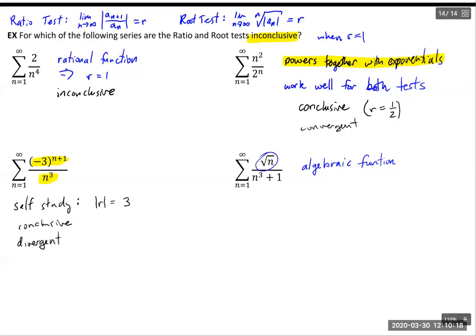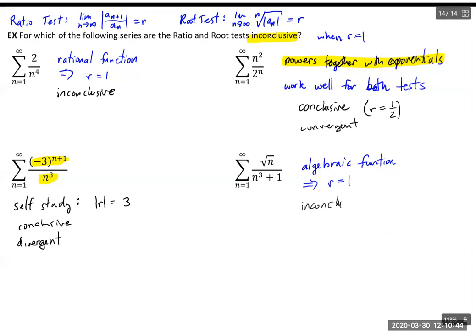That's a 1/2 power of n, right? So instead of integer powers, now you allow fractional powers, and that's an algebraic function. And this is also an example where both tests will always give an r of 1, meaning they will be inconclusive.